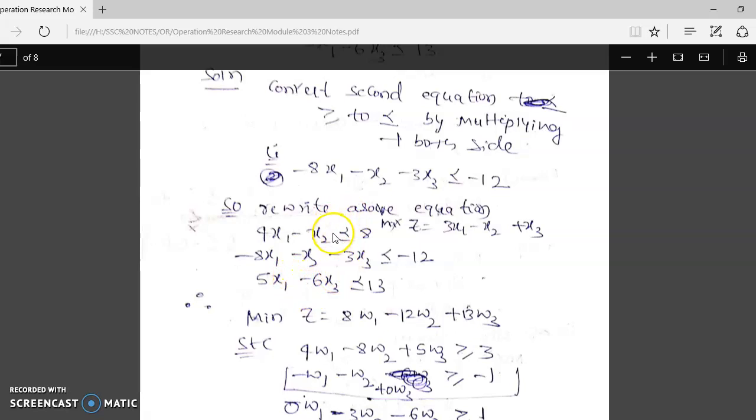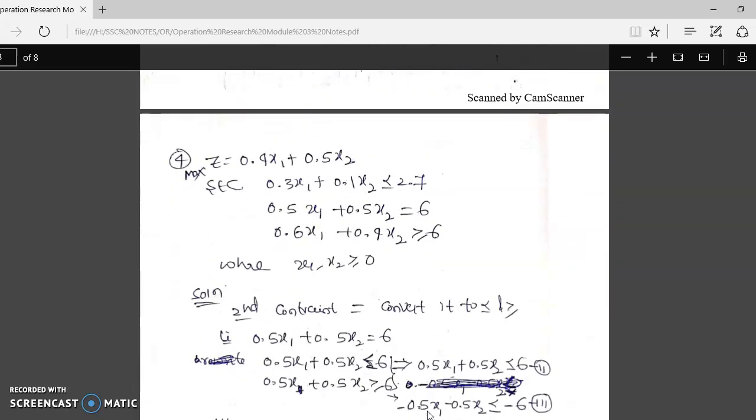Then in the third equation x3 is there but x1 is not, so 0w1 minus 3w2 minus 6w3. Okay, write it here.